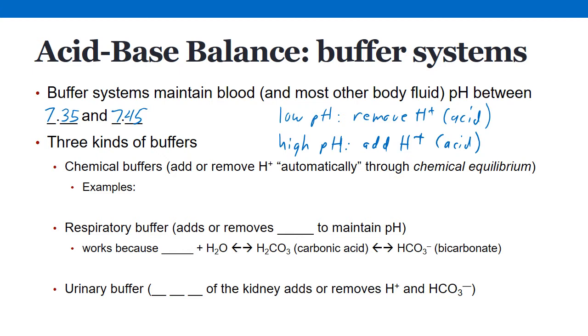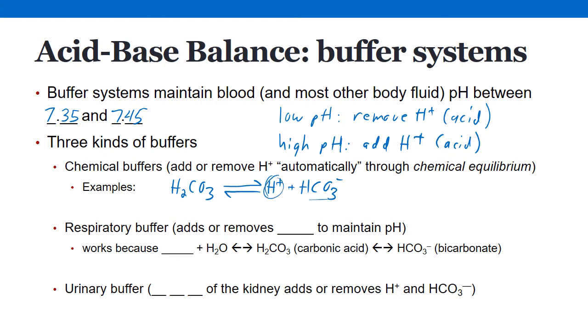So if, for example, you have the carbonic acid bicarbonate system, where H2CO3, which is carbonic acid, can shift to form H plus, the acidic proton, and HCO3 minus, which is bicarbonate.